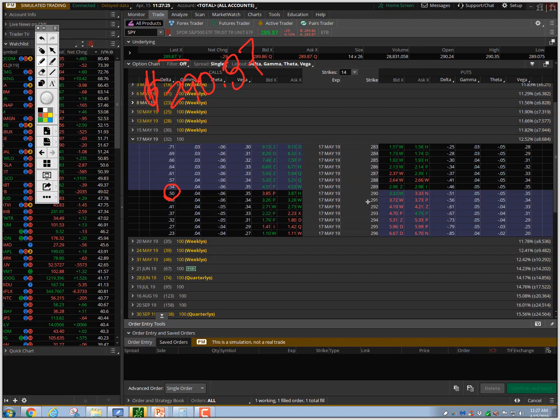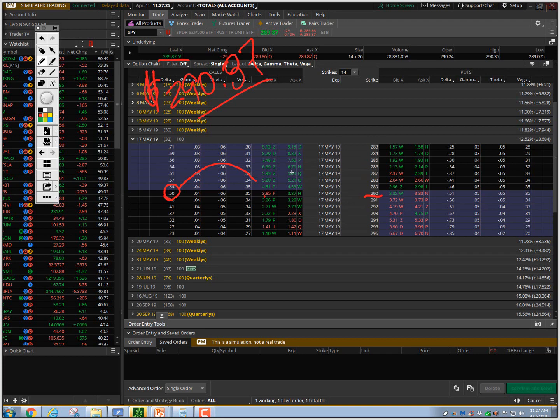This means the 290 strike right here is currently trading, let's just say, 3.85. That's 3.85 plus the 50 cents on that first dollar move, because we've gone from 289.87 to 290.87. So delta adds into this premium. We go from, let's just call it, 3.85 and add in 50 cents.